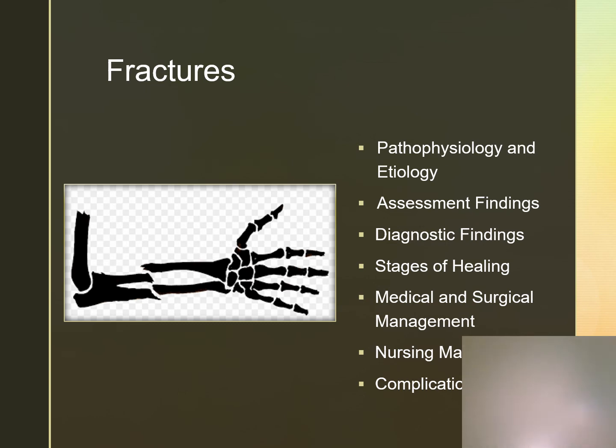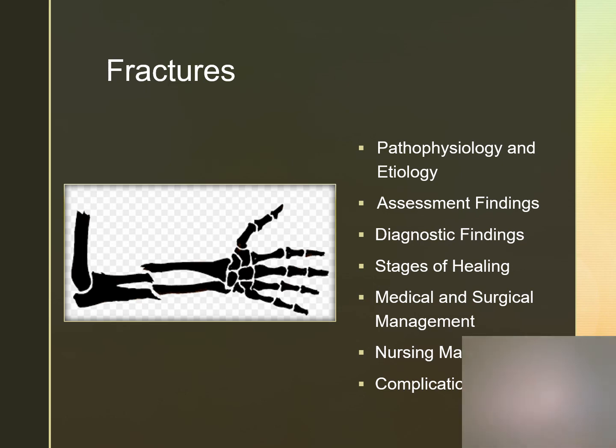One thing that we do need to teach our clients when they have a cast or something on an extremity is to move the portion of the body that's distal to the cast. In other words, if they have a cast on their wrist and hand, they should be wiggling their fingers. This is going to promote circulation.